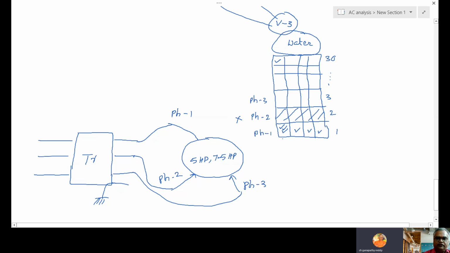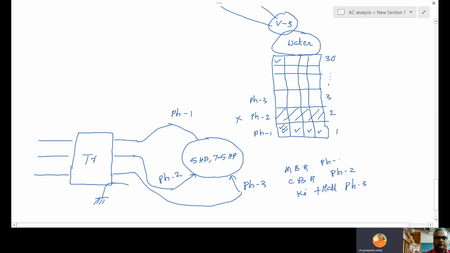Within each flat, take any flat: master bedroom, then children bedroom, then kitchen and all. Phase 3 is given to the kitchen, phase 2 to the children bedroom, and phase 1 to the master bedroom.